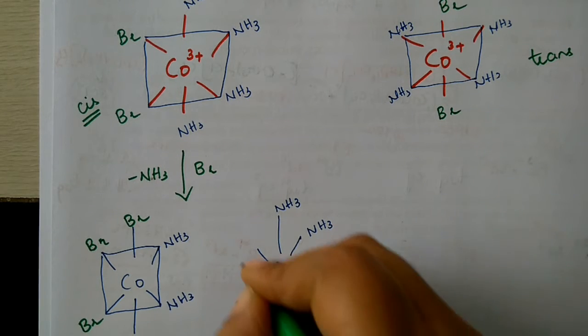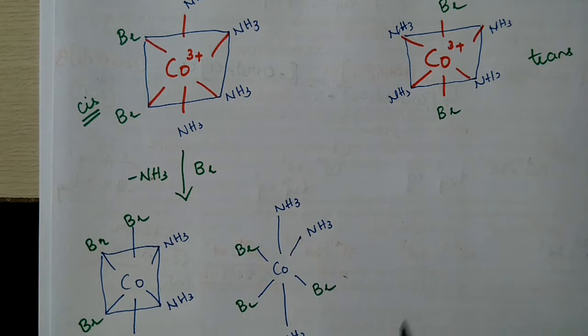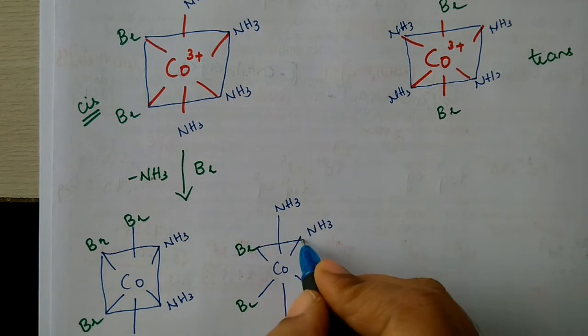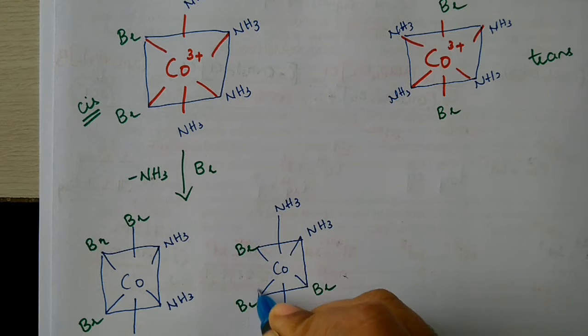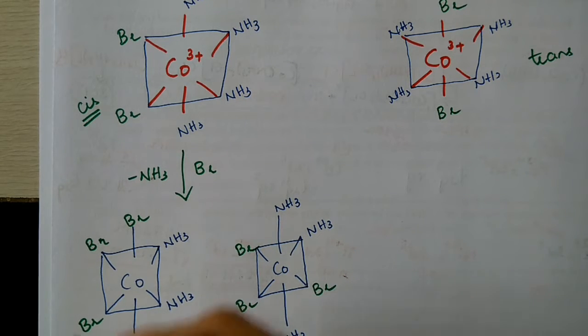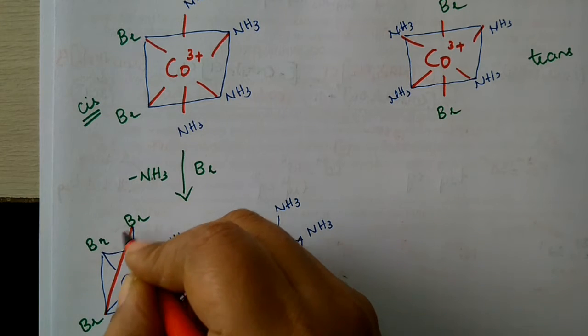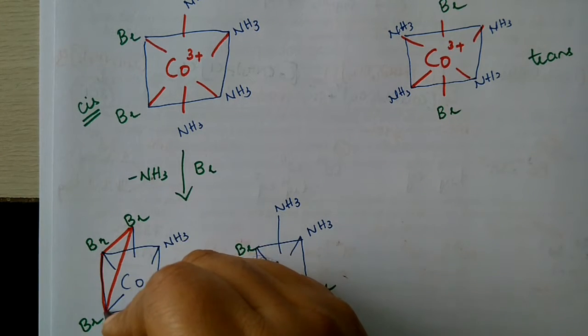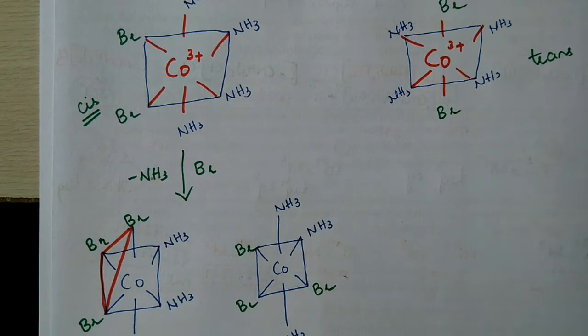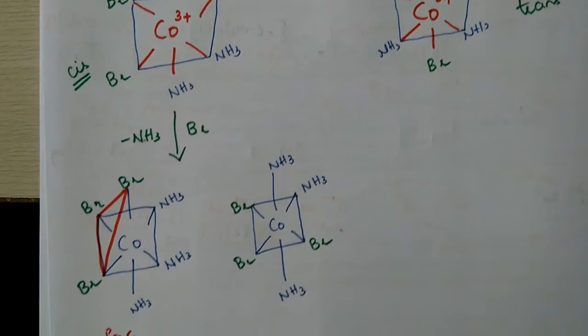It is Br, it is also Br. So we can do it for any NH3 group, but we are going to get two different isomers. This one, if you check, is a facial isomer, the FAC isomer.